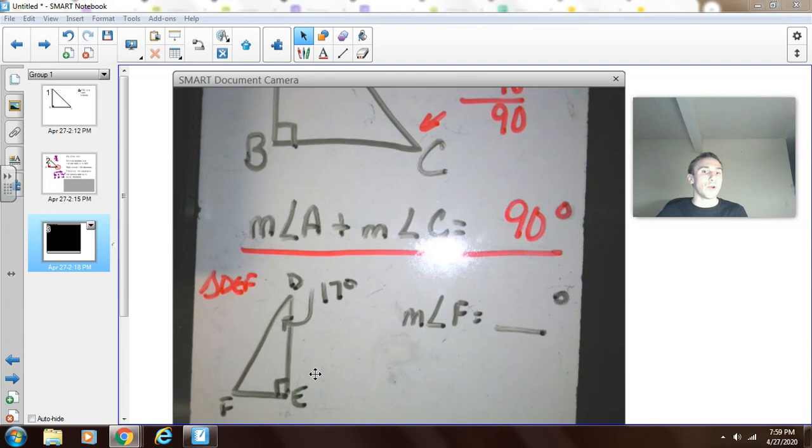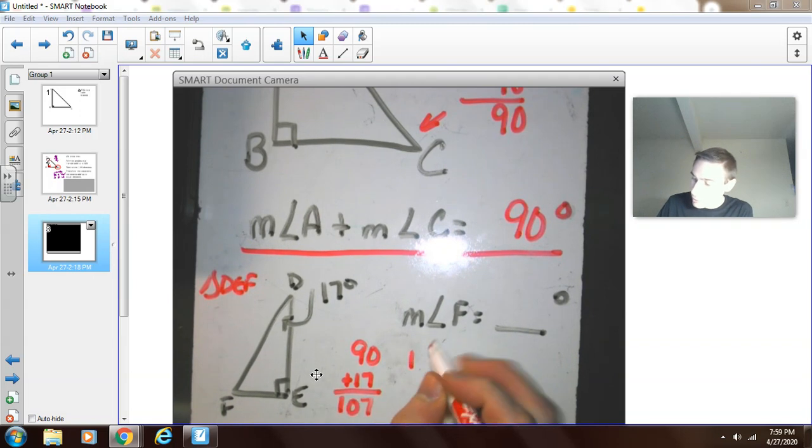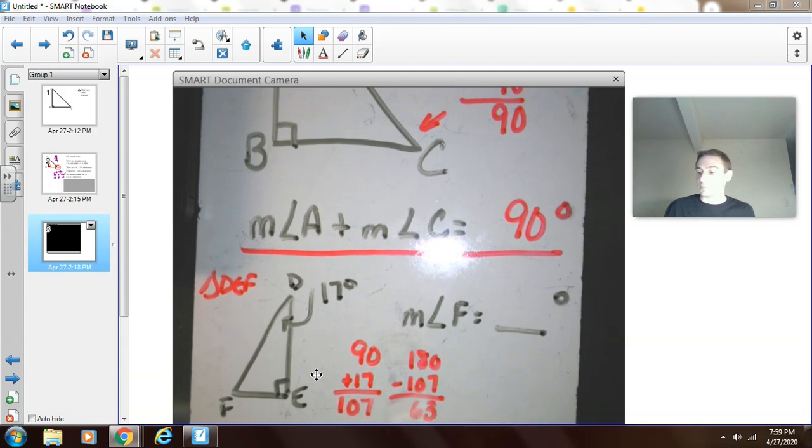So could I sit here and add up 90 plus 17? Sure, and I'll get 107, and then when I subtract 180 minus 107 degrees, I'll get 63 degrees. Correction, I'll get 73 degrees.